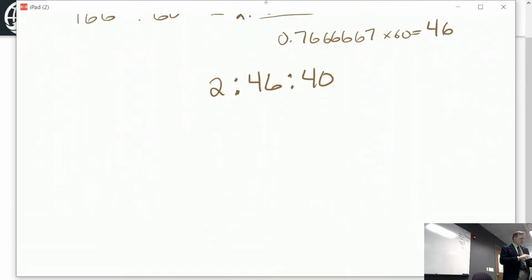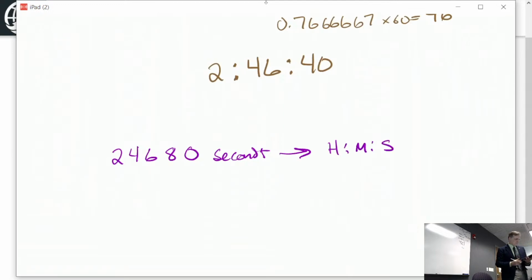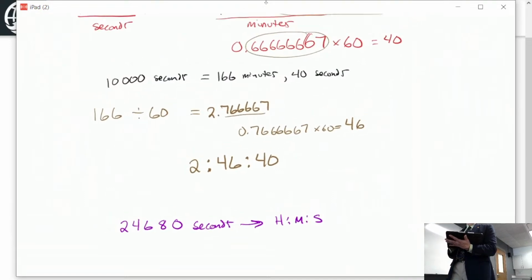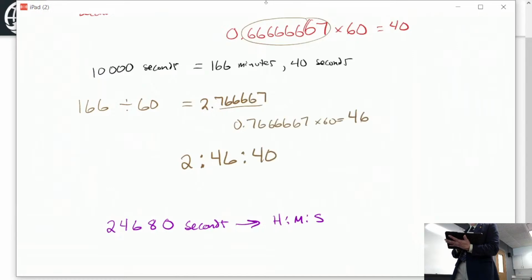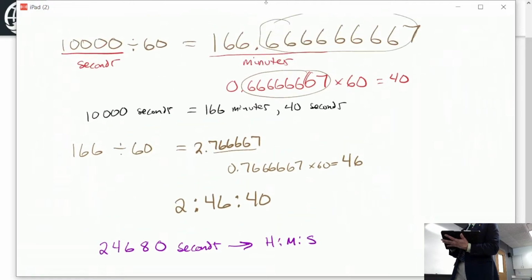So let's see how you do with one of these. I'm just going to make up a number here. Let's try 24,680 seconds, and I want that in hours, minutes, seconds. So you're going to do the same thing. Can I zoom out and see everything? Just a minute, I'll move things around. So work with a friend if you need to.